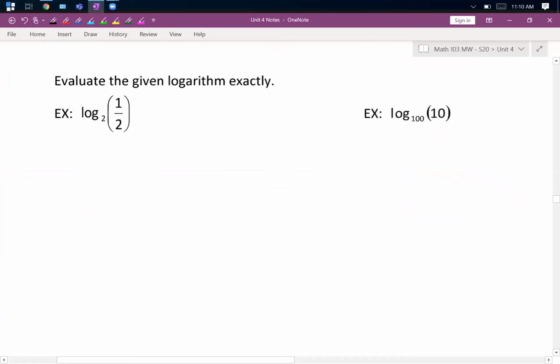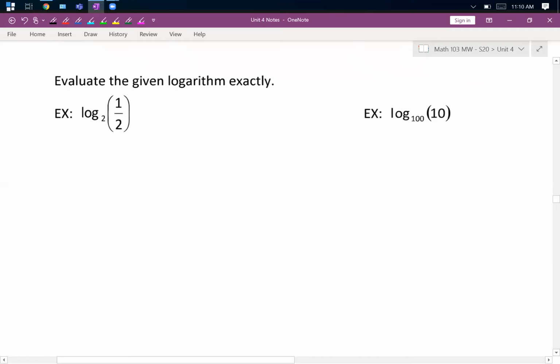In our next couple examples, we want to evaluate the given log exactly. Log base 2 of 1/2. Now, your knowledge of logs is extremely little right now because I just introduced it for the first time. But honestly, your knowledge of logs compared to everything else is going to stay pretty limited.